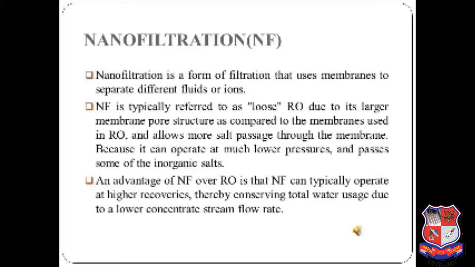It can operate at much lower pressure and passes some of the inorganic salt. The advantage of nanofiltration over reverse osmosis is that it can typically operate at higher recovery, thereby conserving total water usage due to a lower concentrate stream flow rate.